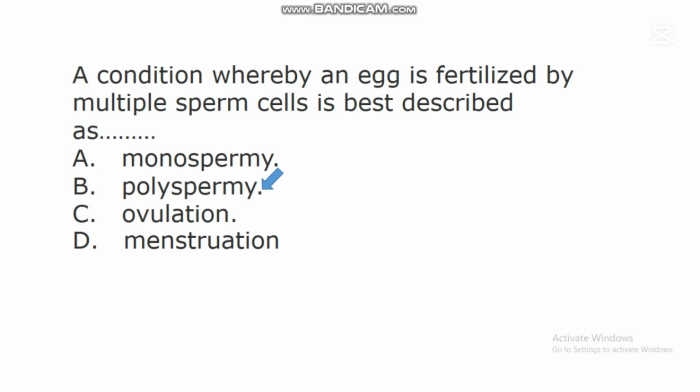So the egg cell has a way of meeting with sperm cell so that this polyspermy will be avoided. But a situation whereby multiple sperm cells end up fertilizing an egg, this condition is what we call polyspermy.